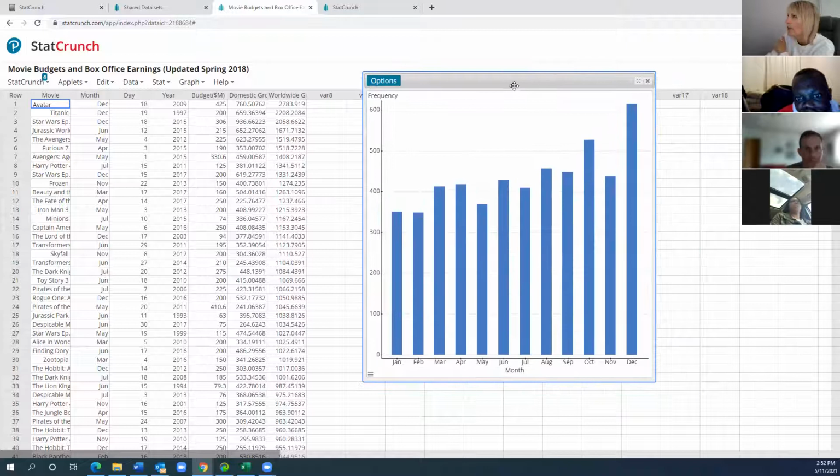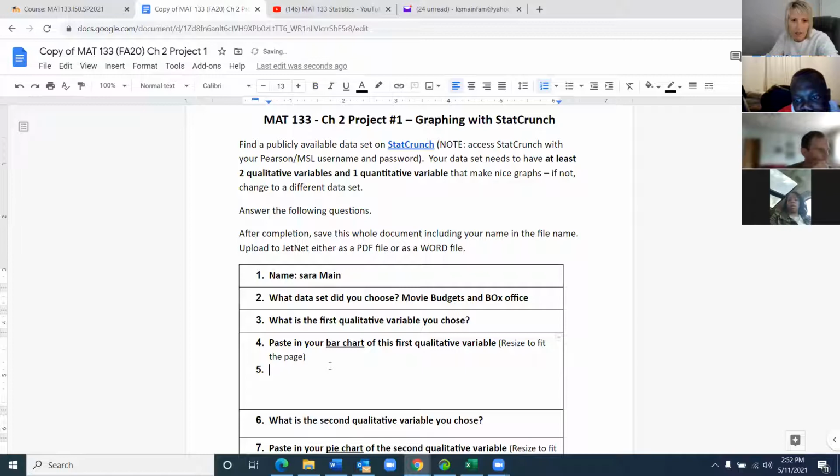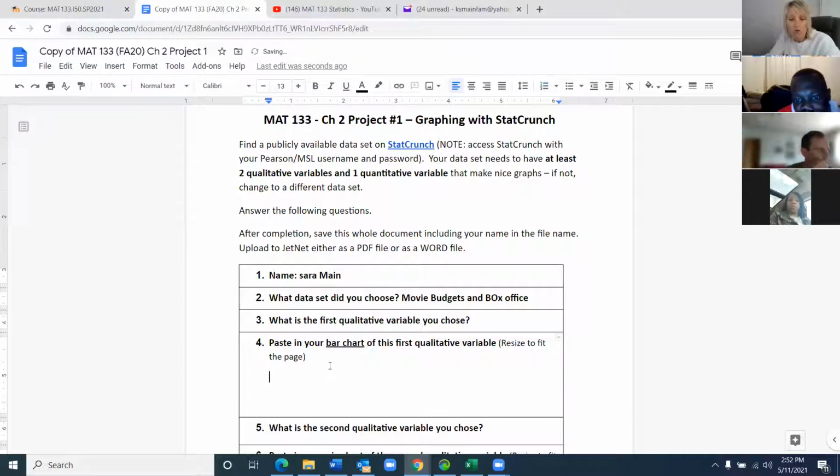It looks much better. So then, if you right click while you're on the graph and click on copy image, does everybody see that? I'm gonna hit right click and copy image. And then I'm going back to my Google Doc, and I'm clicking in my Google Doc, and I'm gonna hit return. And then I'm gonna say Control V. If you write these down, Control V lets me paste.